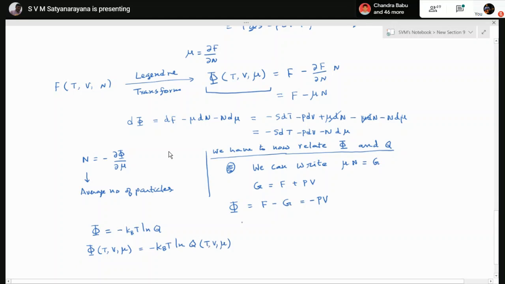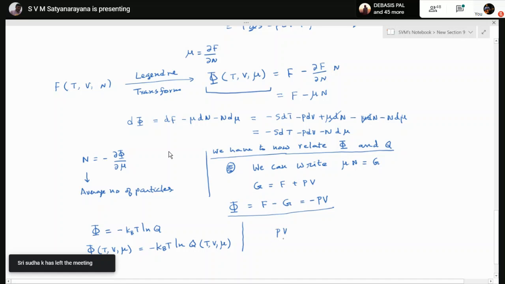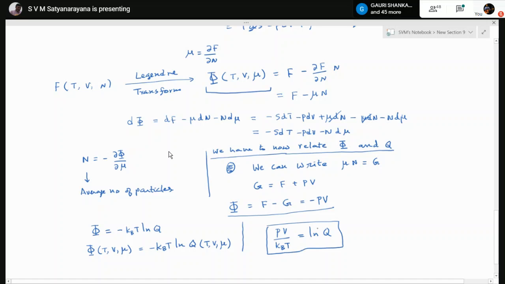But phi is basically minus PV as we have seen here, and therefore we can say that for the grand canonical partition function, PV by kBT is written as logarithm of Q. So this is the relation to thermodynamics.